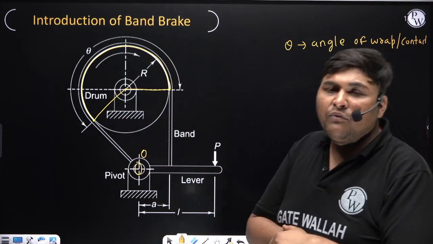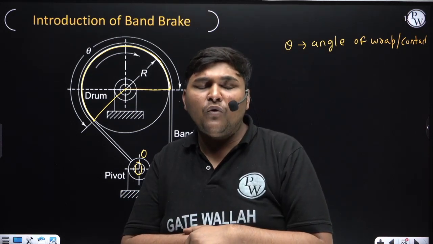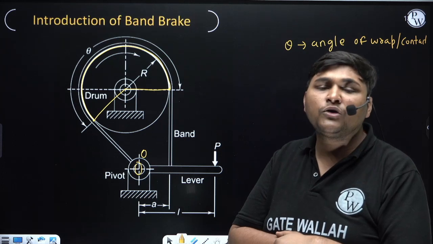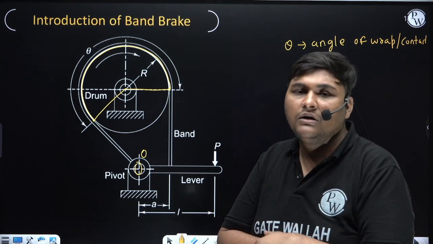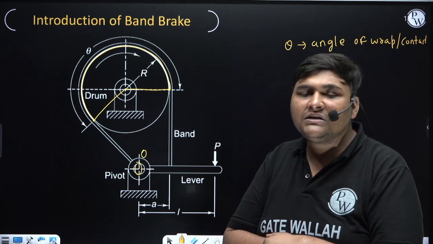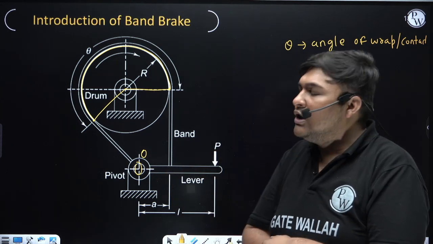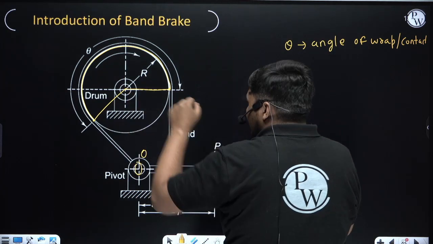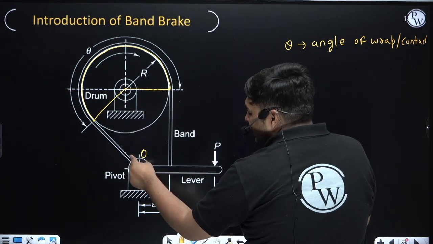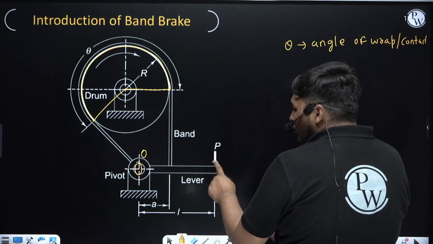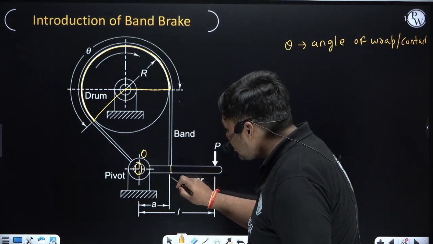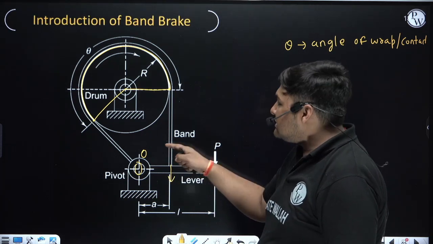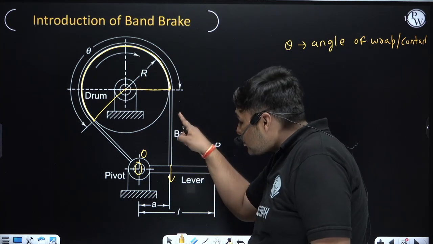If we are using any band or rope for any purpose, we need to ensure that it is in tension, because we cannot use a band or rope in compression. If you try to compress the band, it will fold. So the direction of braking effort P should be such that the band is in tension. In this case, you can see this side of the band is pivoted at the fulcrum. Due to effort P, this point will try to move in the downward direction, and if it moves downward, this band will be in tension because it is trying to elongate the band.